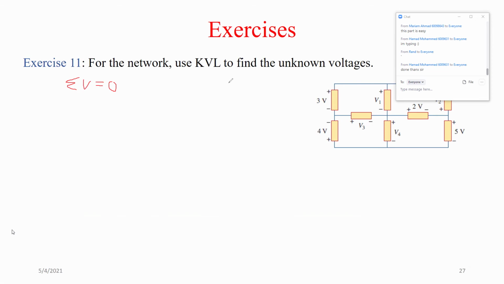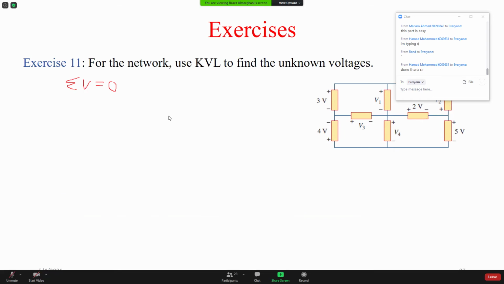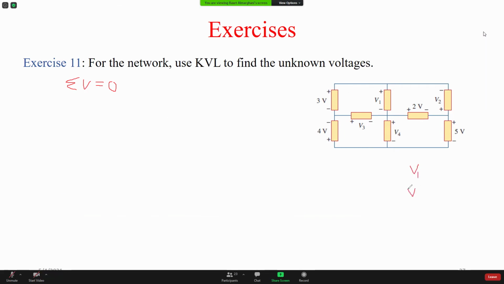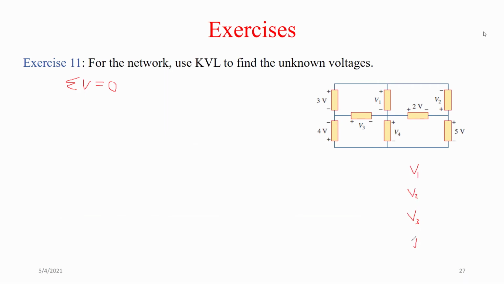So find the known voltages. I have V1 here, V3 here, V4 here, and V2. So I have 4 of them: V1, V2, V3, and V4. Those are the ones that I want to find at the end.